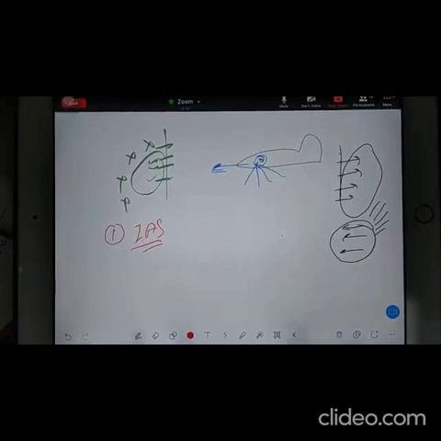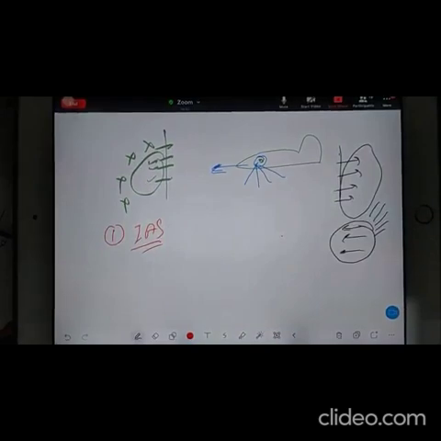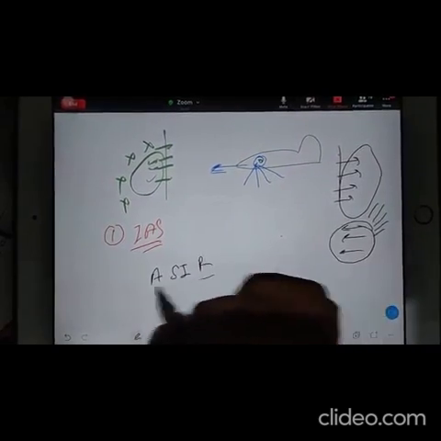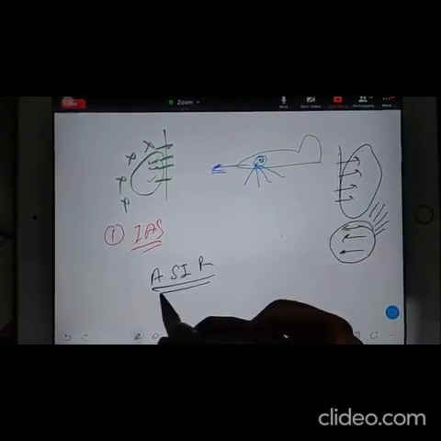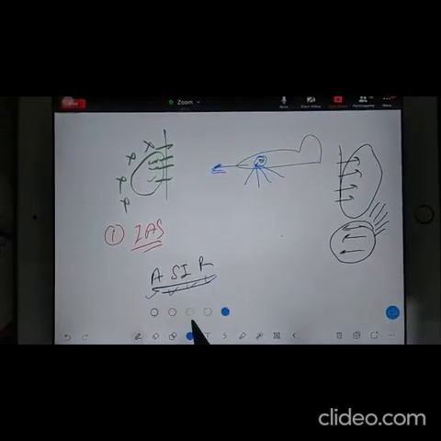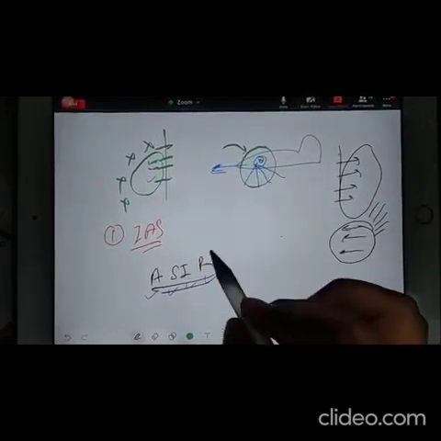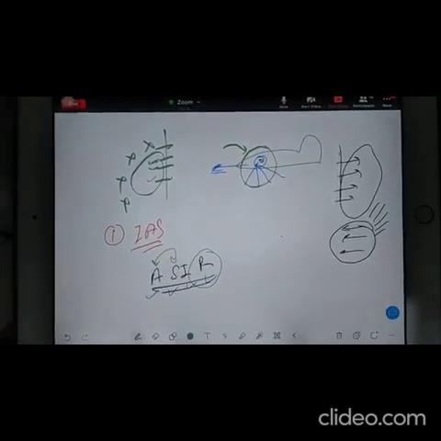IAS means indicated airspeed. What is indicated airspeed? Suppose there is something called the airspeed indicator reading, ASIR. It means there will be an indicator, and that indicator will give you the reading of airspeed.